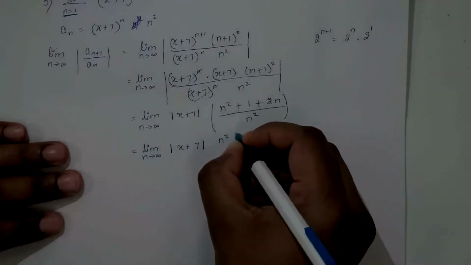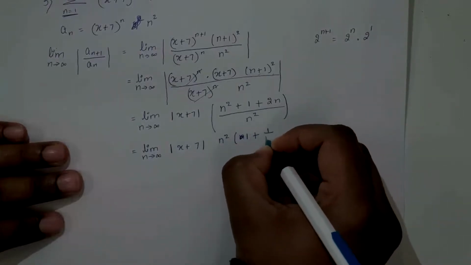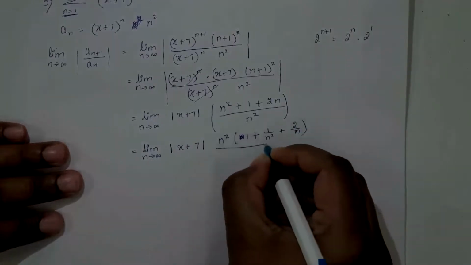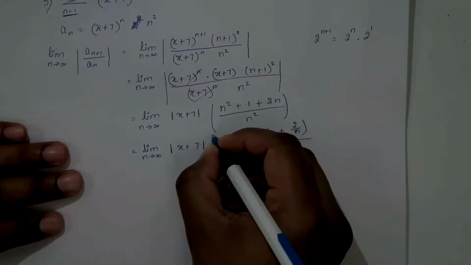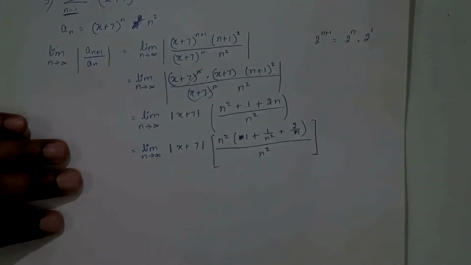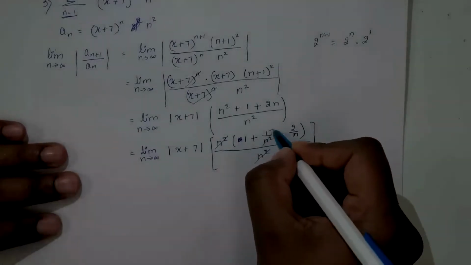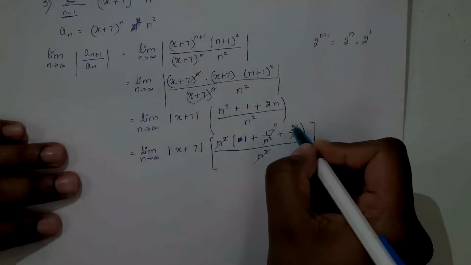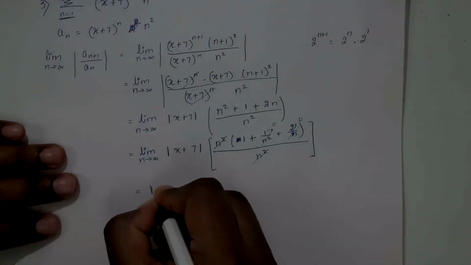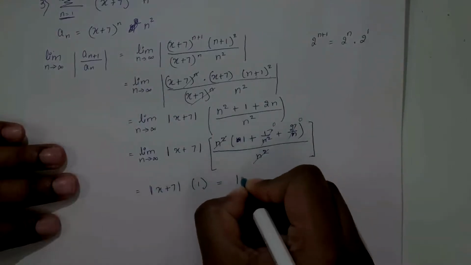We can take n square common from the numerator, so I will get 1 plus 1 by n square plus 2 by n, divided by n square. Now these two get cancelled out and this tends to 0 as n tends to infinity. This as well goes to 0. So we get x plus 7 into 1, and that will give you x plus 7.